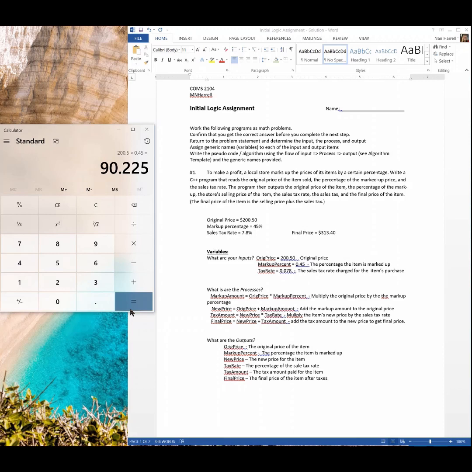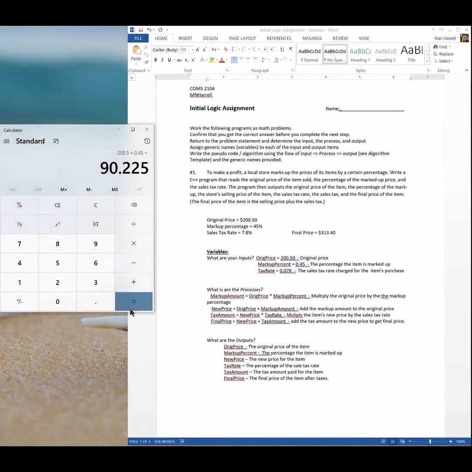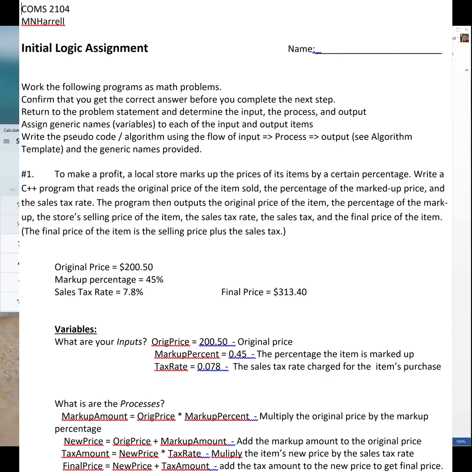Now, we're not going to round or anything till we get to the very end, okay? So I'm going to add this number to 200.50, and I get $290.72 and a half.